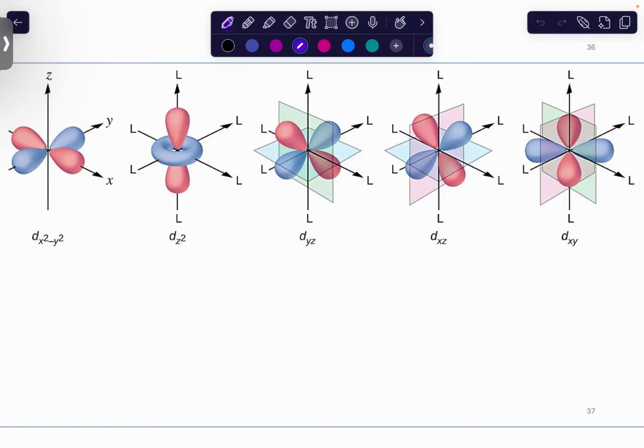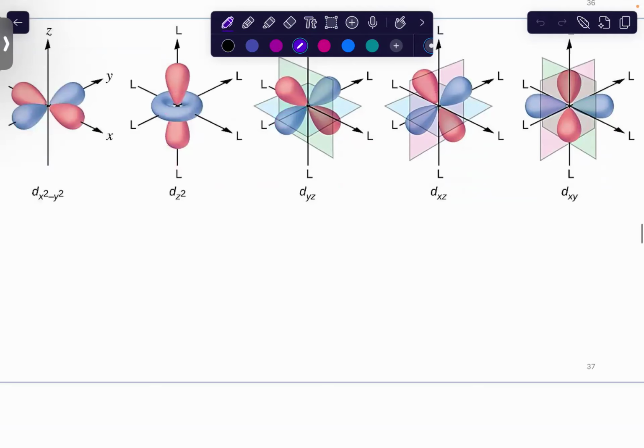Let's look at the T1U orbitals. Okay, so then what we're going to get is this.